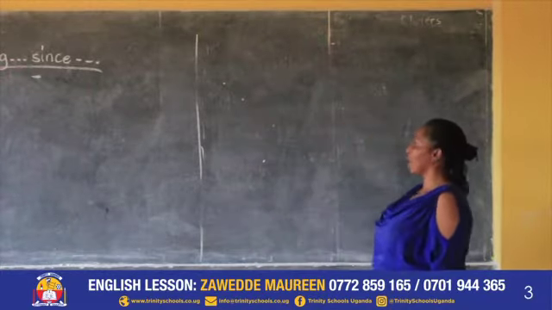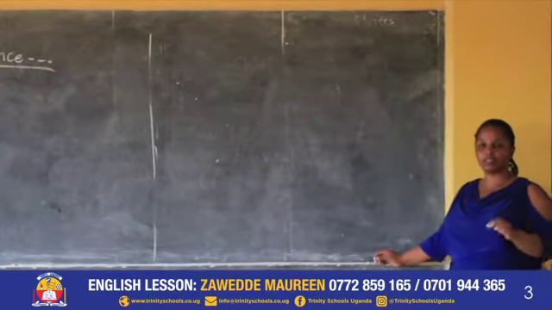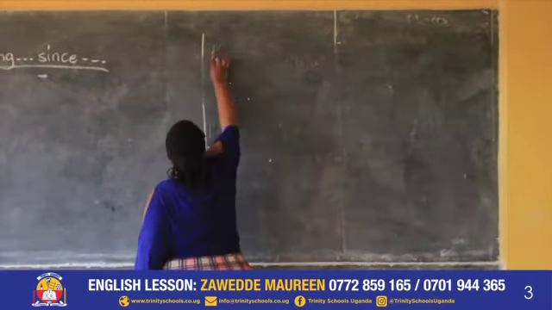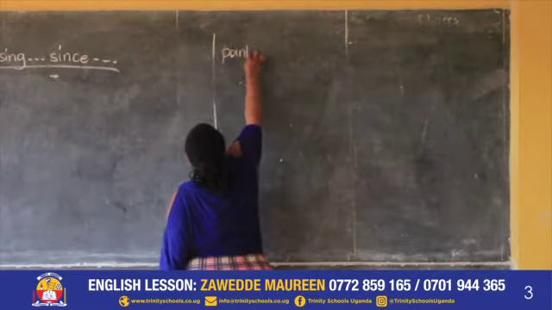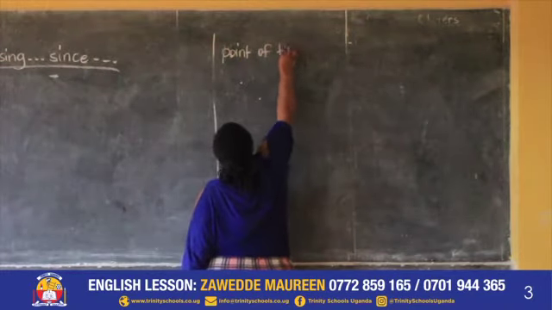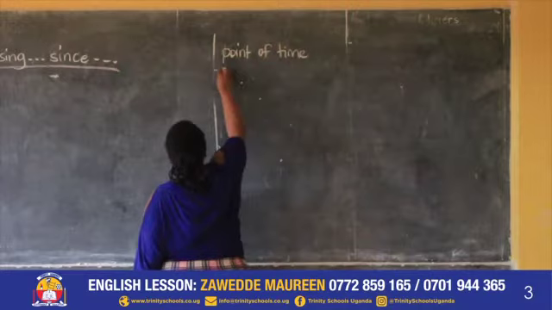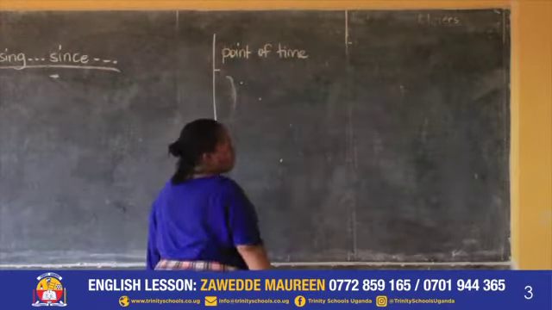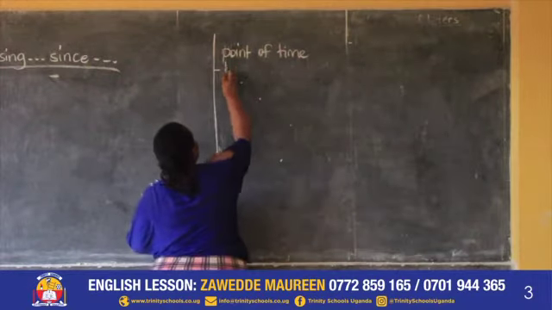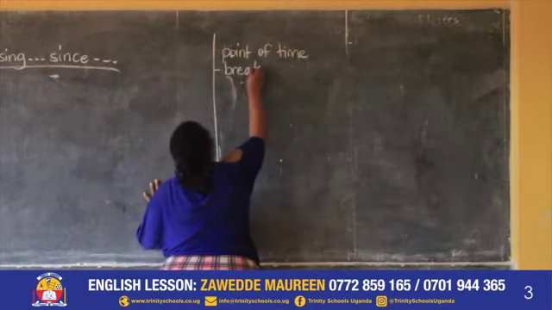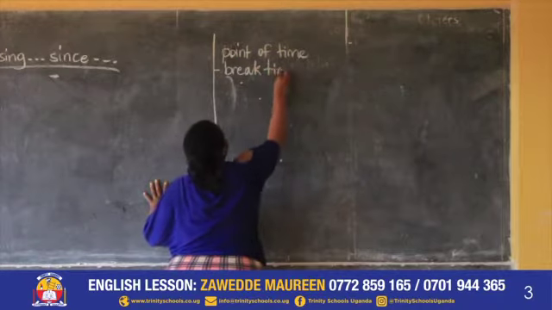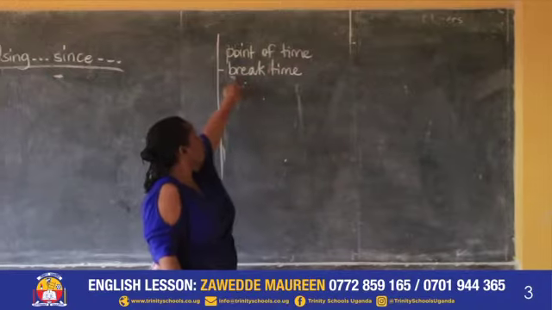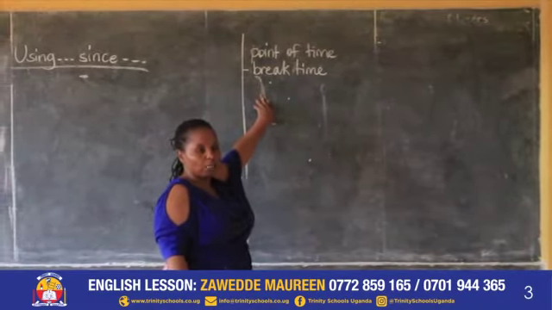The point of time here, at P4 level, we looked at since to express the point of time when an action started happening. So in this sense, we've said the head teacher has talked to the candidates since break time. So break time is our point of time.